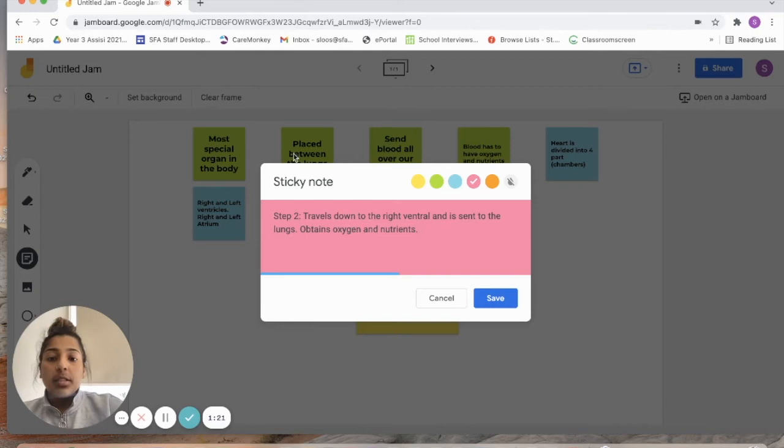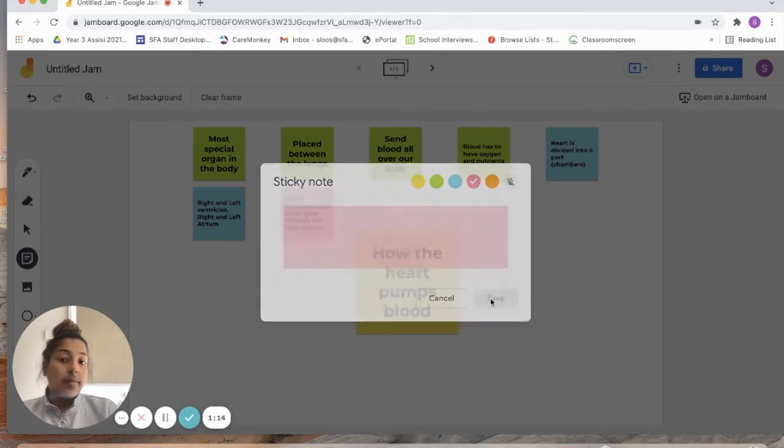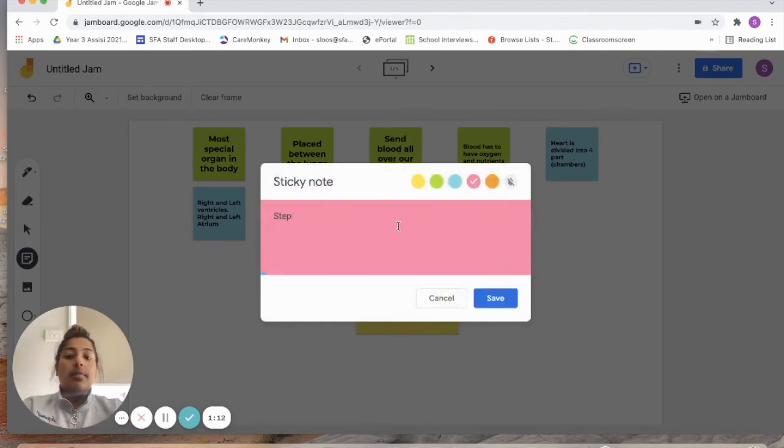So we said that step 2, it travels down to the right ventricle and is sent to the lungs, which obtains oxygen and nutrients there. Then we're going to go to step 3. Step 3 is once the blood has oxygen and nutrients, it is sent to the left atrium.